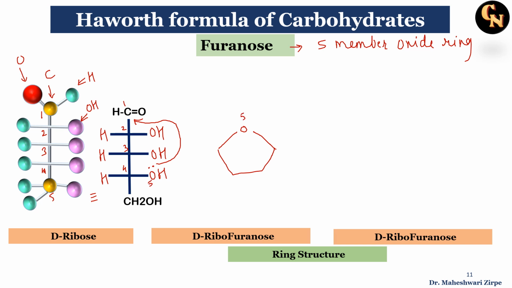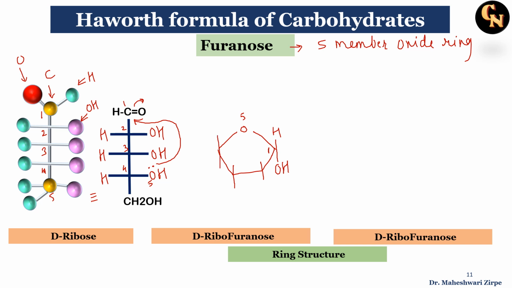Here, if this is my fifth, that is oxygen, then on the right hand side it is always the anomeric carbon, that is this first carbon. Let me draw first the OH on the bottom. When the oxygen attacks the aldehyde, whatever OH is going to form, if it goes below the plane, let us see how we show the remaining things.